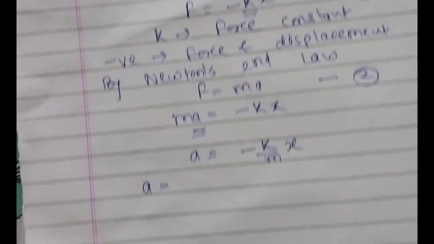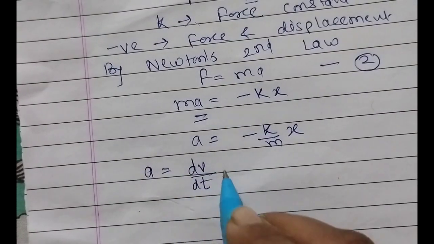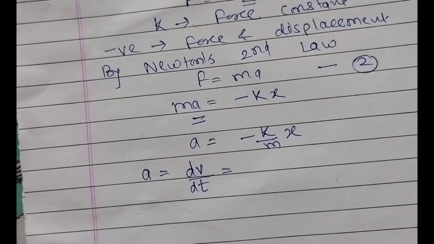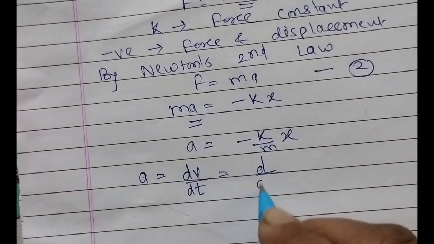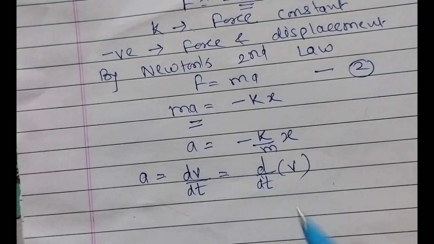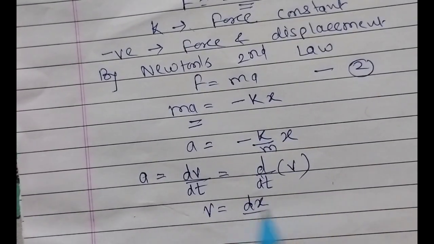In general we know that a will be equal to dv by dt, that is the rate of change of velocity. So we can write it as d by dt of v. Now v is the velocity, the rate of change of displacement.